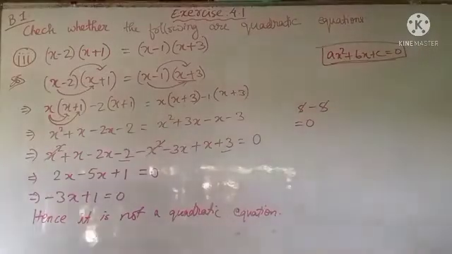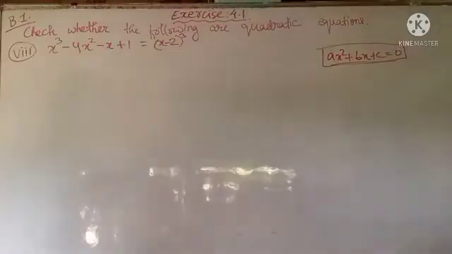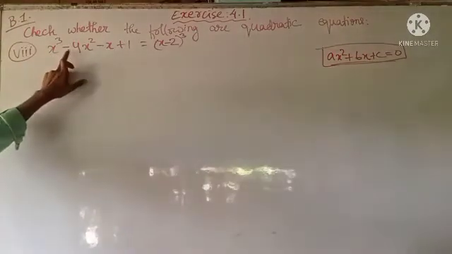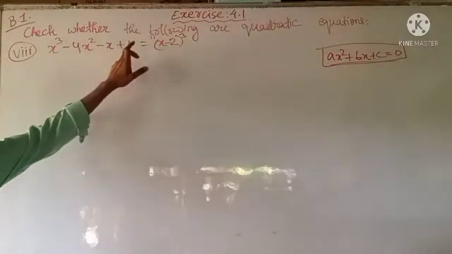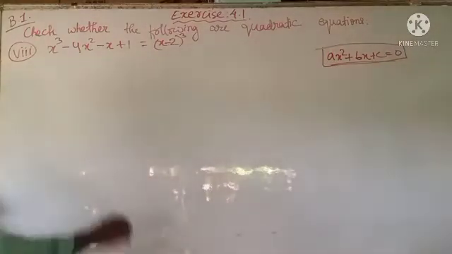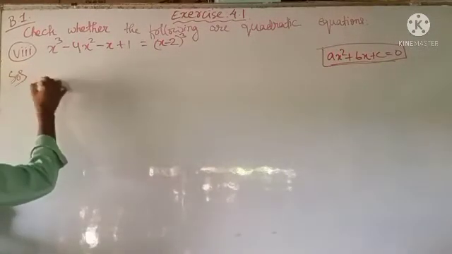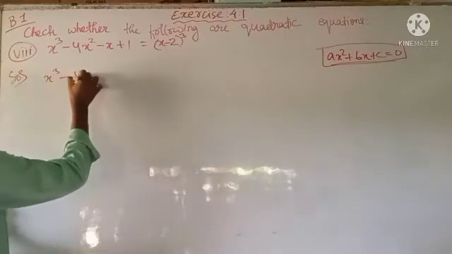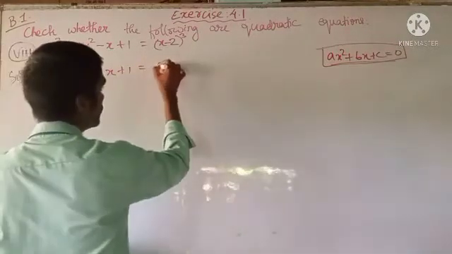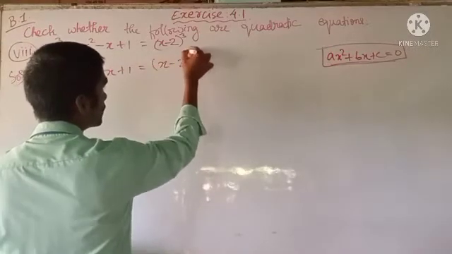Now let me show you another option from same question number 1. Now let me show you option number 8, that is x cube minus 4x square minus x plus 1 is equal to x minus 2 to the whole cube.